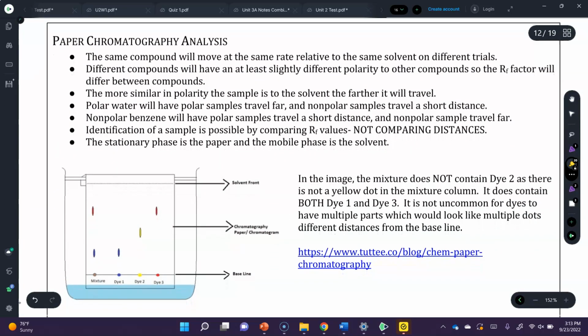So, paper chromatography analysis: the same sample will move at the same rate relative to the same solvent on different trials. The different compounds will have at least slightly different polarity to other compounds, so the rate of flow, or Rf factor, that is what that is called, is rate of flow.